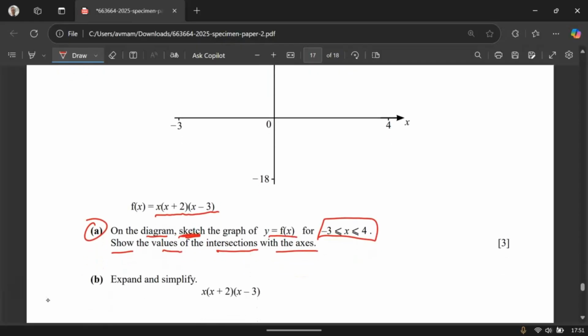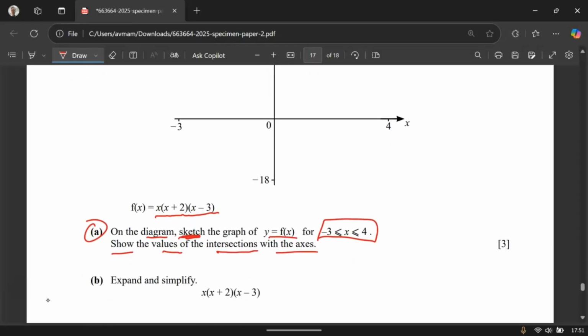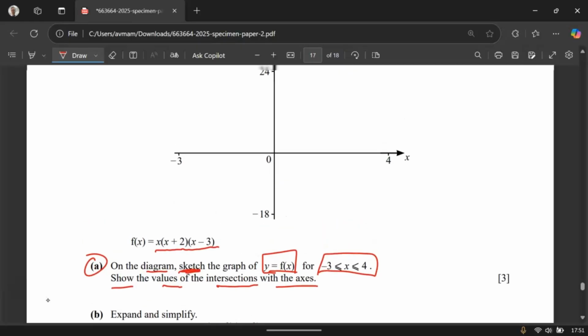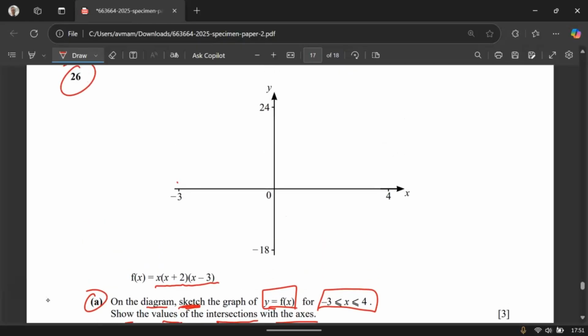Show the values of the intersections with the axis. Alright, so here we have the function given f of x, and then it says y equal to f of x. Now, if you look at the graph over here, let's say the point minus 3, this is x equal to minus 3. What do you think is the y coordinate? The y coordinate is 0.